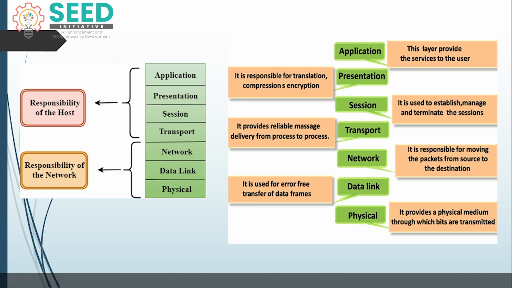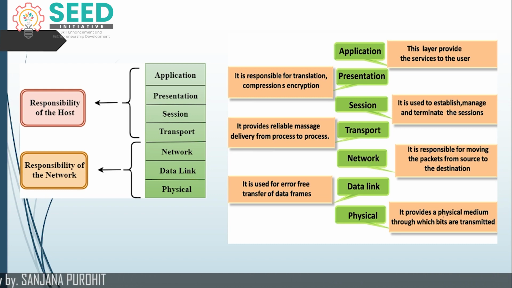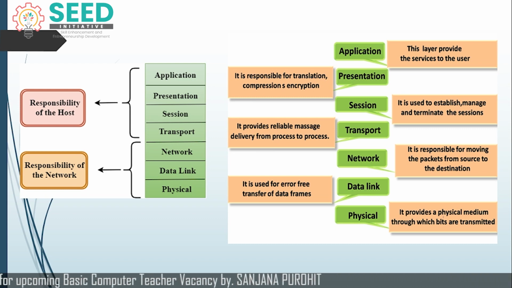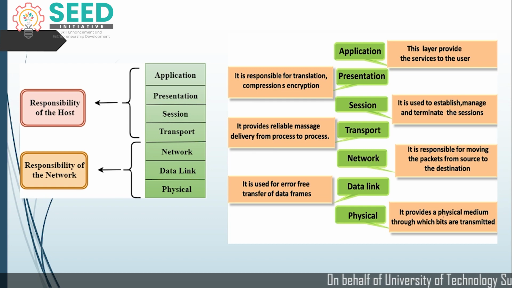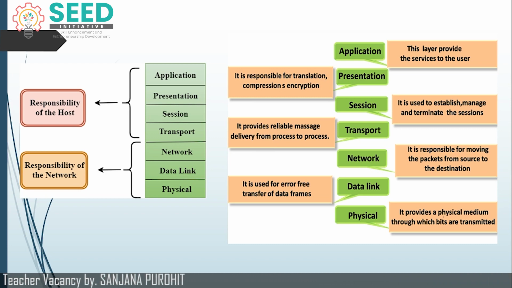Next is the presentation layer. This layer is mainly responsible for translation, data compression and the encryption process. Encryption means to encode the plain text, to hide the actual information from unauthorized access, and the encoded plain text is known as the ciphertext.